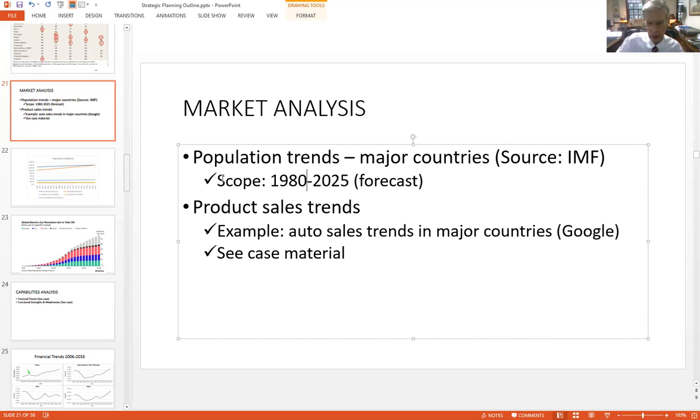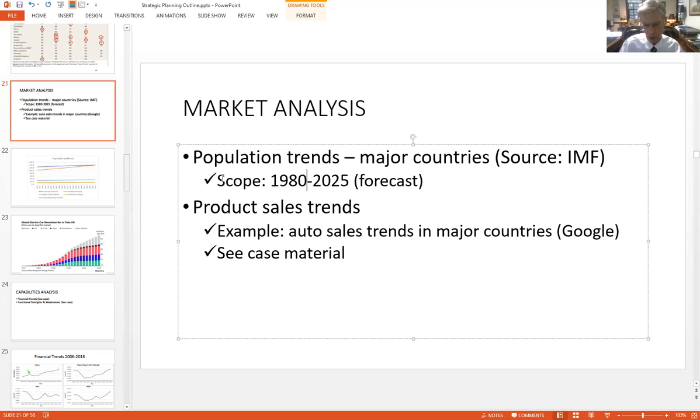So in the case of Tesla, I guess, there are sales trends in the Tesla case in the back of our current textbook, as there are for products made by other companies that are the topics of cases in that textbook.